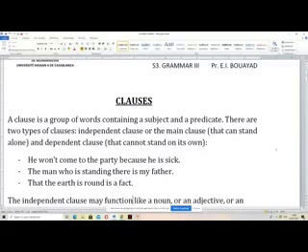Just to make the difference between this sentence and other sentences: when I say I was driving my car and listening to music, here we have two clauses coordinated by and.